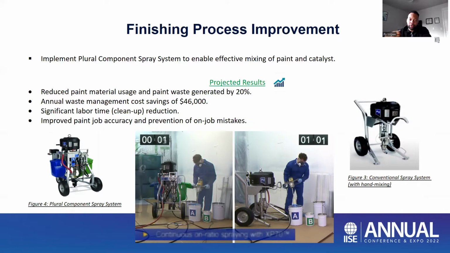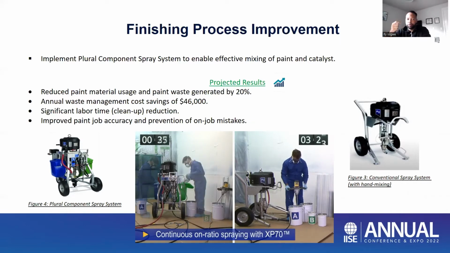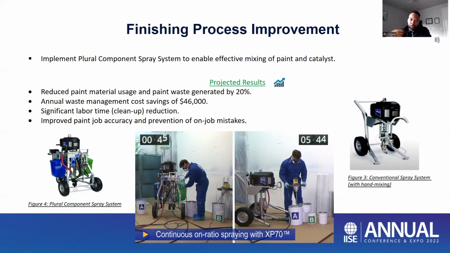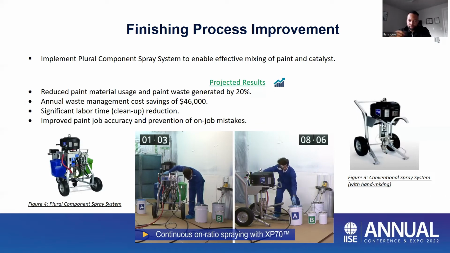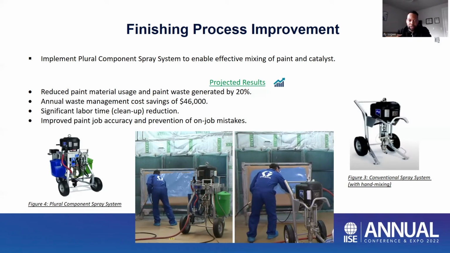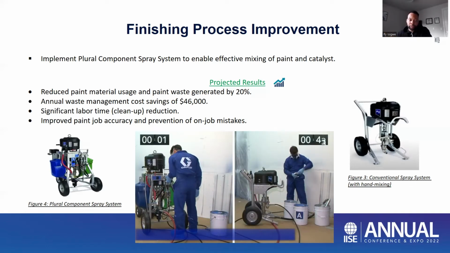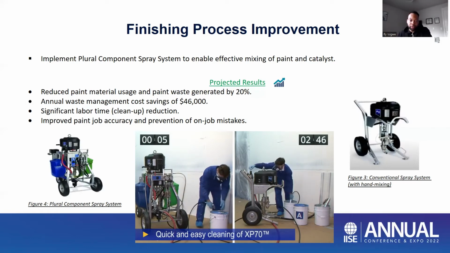Instead of hand mixing, you optimally pre-mix your paint and you can spray the part. Because of that, you're reducing a lot of paint application time. That's definitely less labor time and also less paint waste that you generate, because you only use the amount that you need.